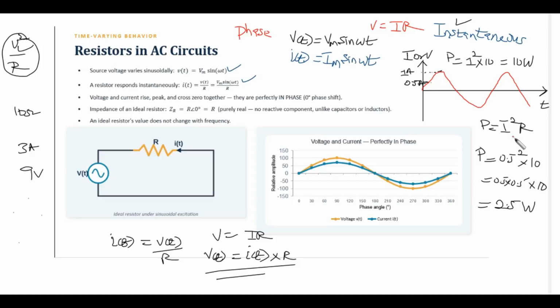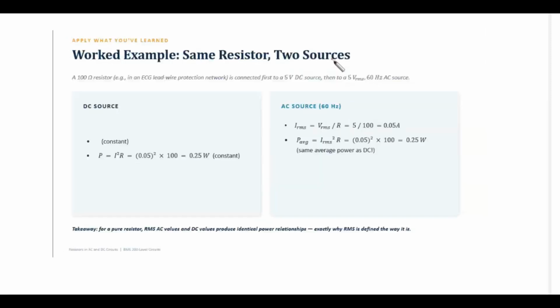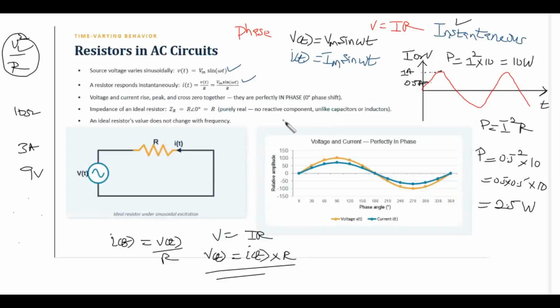It's only the power dissipated, the heat, the energy consumed that changes with time. Now that we're dealing with time varying quantities in AC circuits, this component omega is the frequency component. The resistance value does not change with frequency. Okay, so these are some of the key points to note as we deal with resistors in AC circuits.